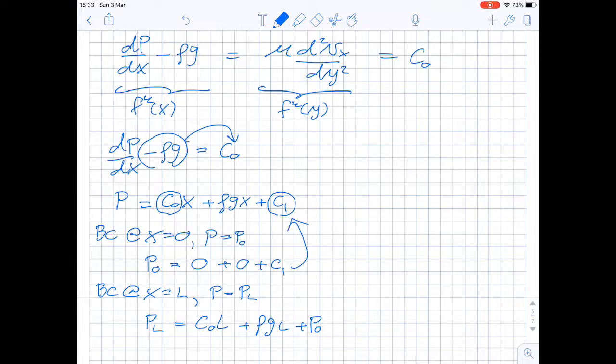I take this in here. So in this case, you can solve for C0.